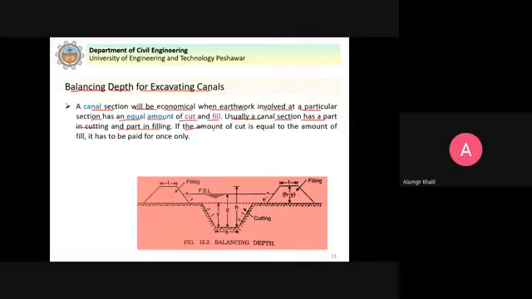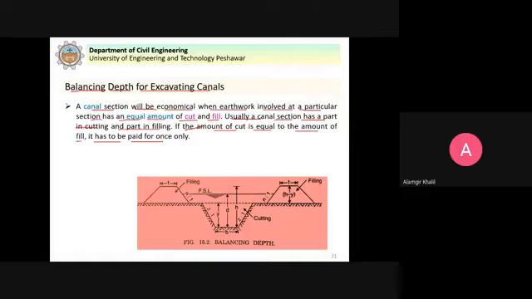So if the amount of cut is equal to the amount of fill, it has to be paid for once only. If we have a canal in filling, then we have to bring the material from outside to fill. So you can see the cost of borrowing the material and transportation cost.